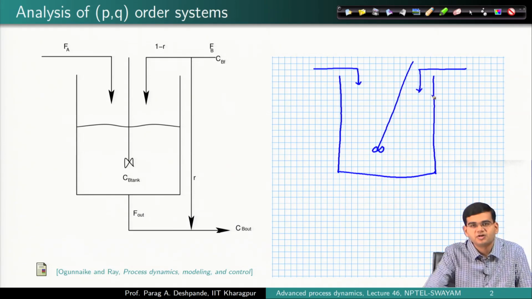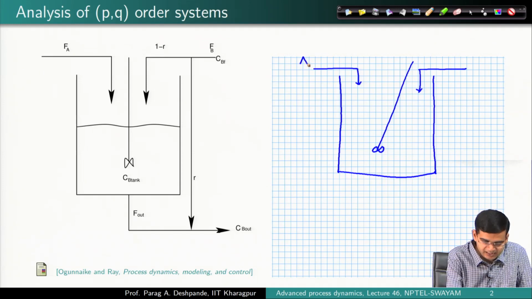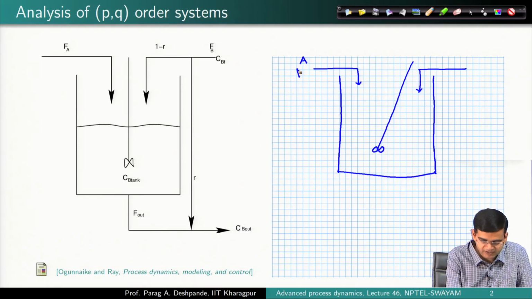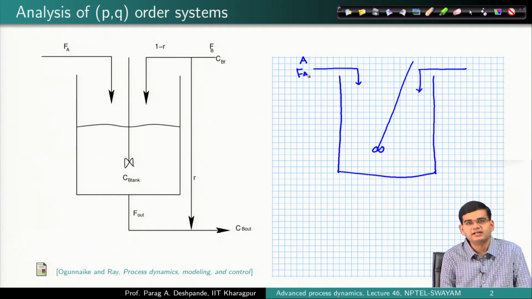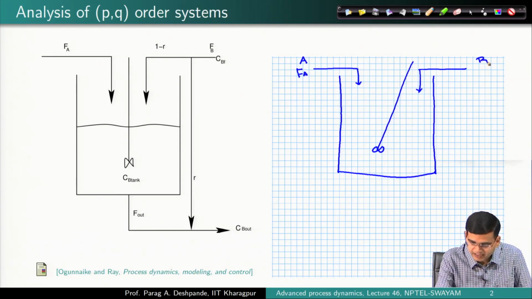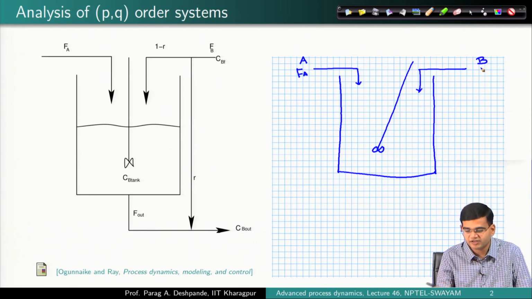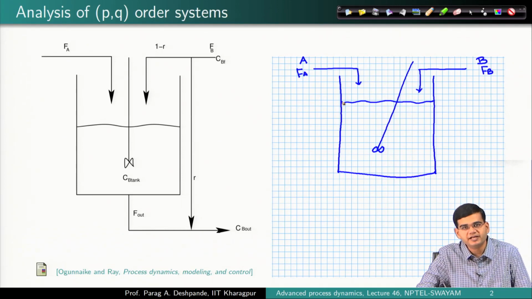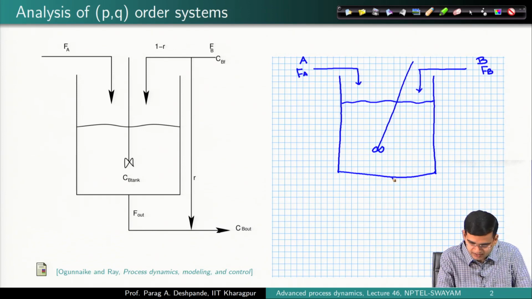The first stream on the left hand side gives you the feed A with a corresponding volumetric flow rate of F A, and similarly on the right hand side you feed B with a volumetric flow rate of F B. There is a certain level of liquid which would be maintained in the mixing tank.